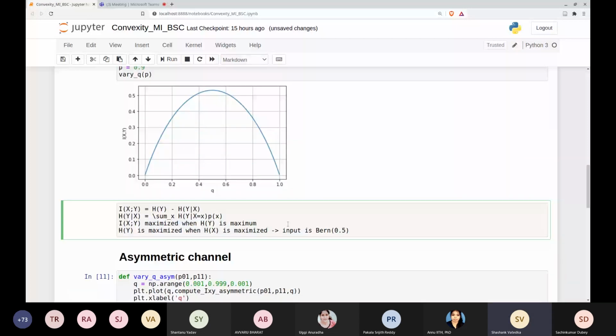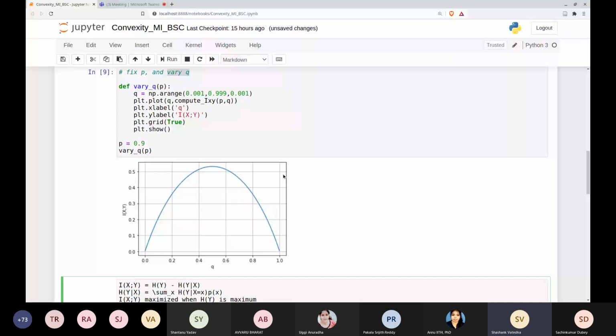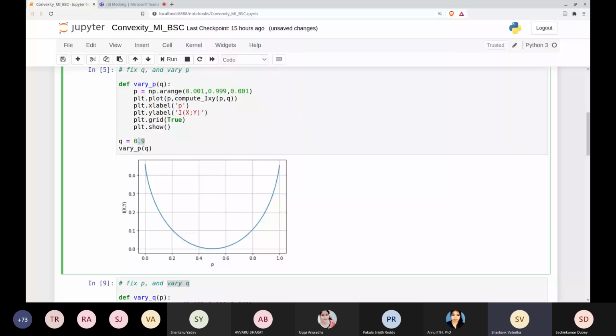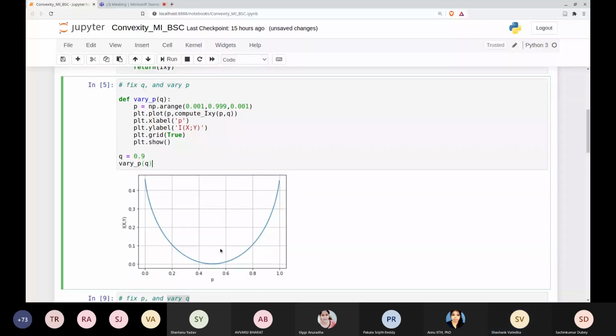Now if I fix the input distribution and vary the channel, so I fix the input to be Bernoulli 0.9, and I vary P and plot the mutual information as a function of P, then I get a convex function. The mutual information is minimized when P is equal to half.